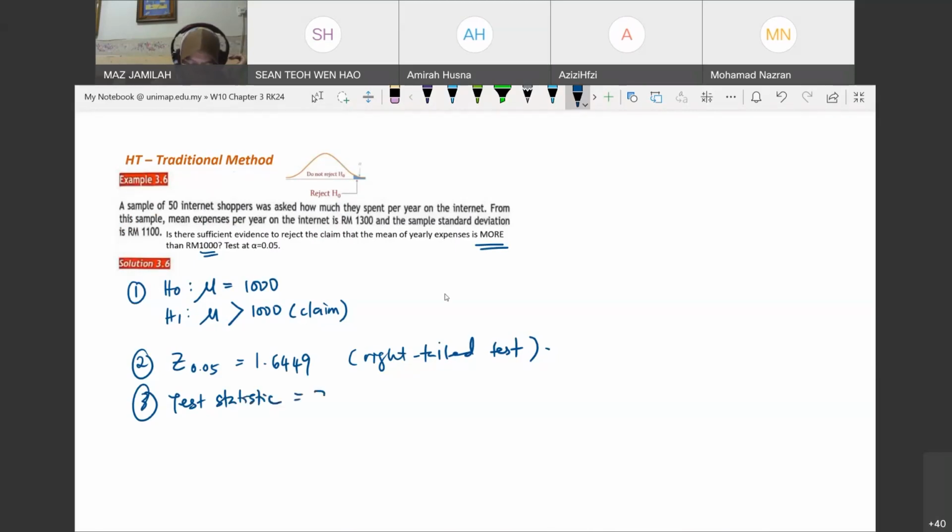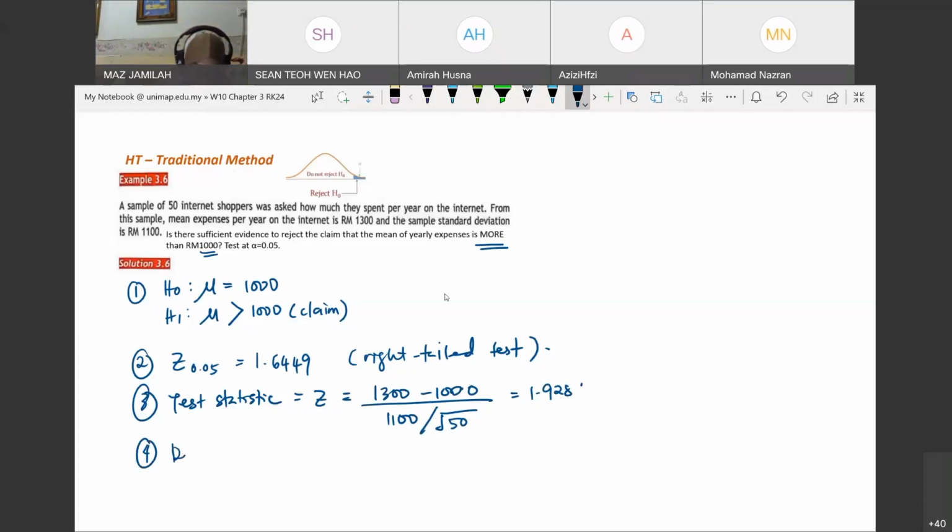That will be a bit different, sorry. So it will be 1,300 minus 1,000 divided by 1,100 over the square root of 50. And in this case, you will get 1.9285.